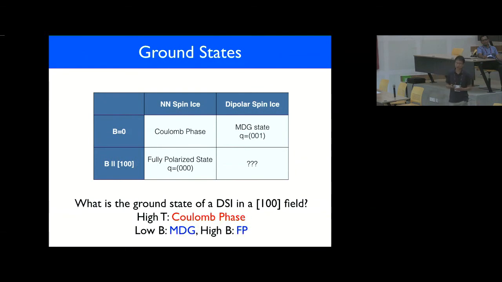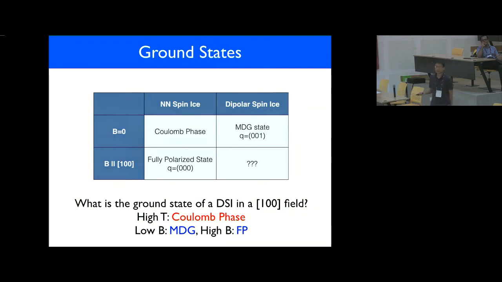So the natural question to ask is, if I turn on the dipolar interaction, what's going to happen? We know that at high temperature it should be this Coulomb phase, at low magnetic field I should recover this ordered state in the dipolar spin ice, and at very high field I should get this. Okay, is there any surprise?